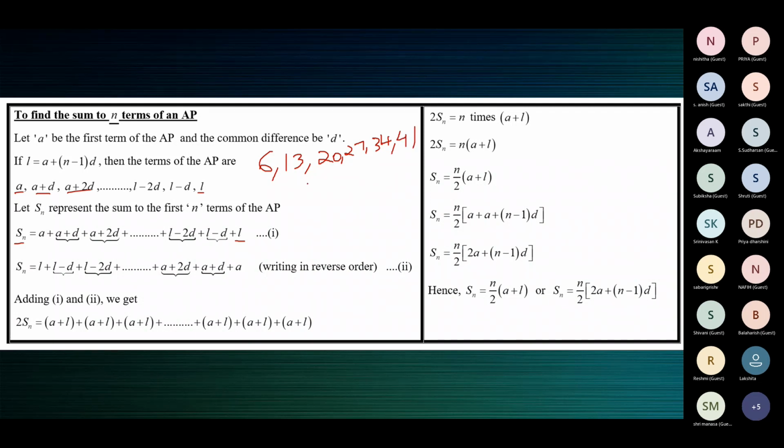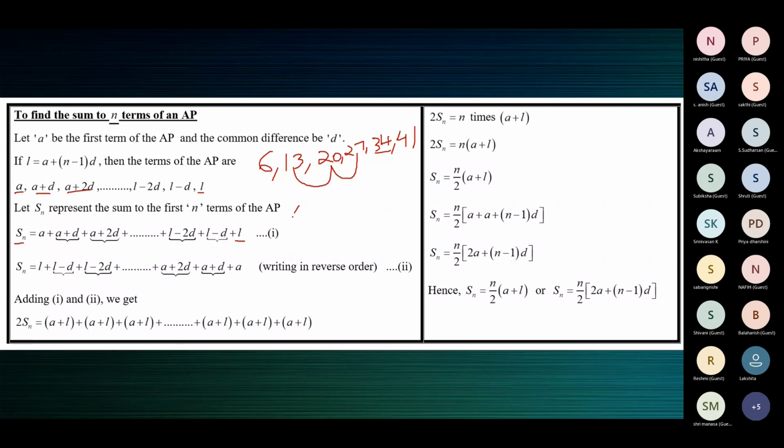When you observe this, from 20, how do you get 27? We add the common difference 7. From 20, how do you get 13? We have to subtract the common difference. From a term, if you have to get the preceding term, you subtract the common difference. From a term, if you have to find the next term, you add the common difference. You can see that here.